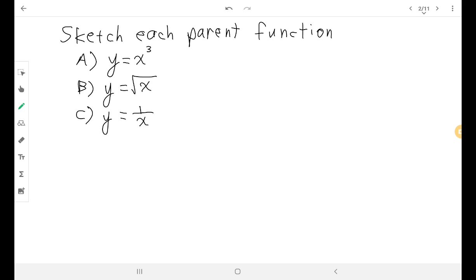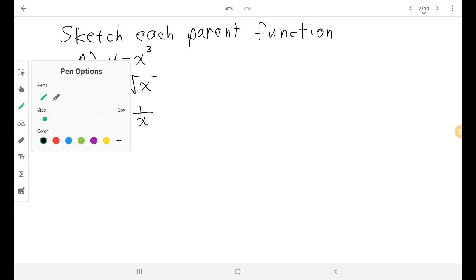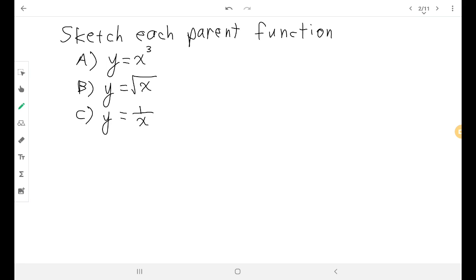So let's talk about sketching each of these parent functions. We could do this with technology, but we can do it without technology too. As a general rule, if you want to make a table of values, let's say we're doing it for this first function, y equals x cubed, okay?